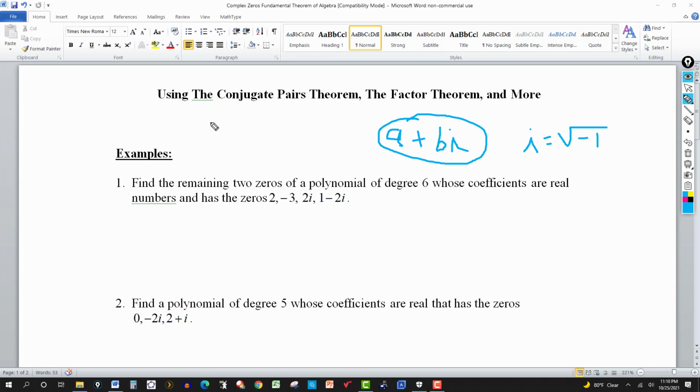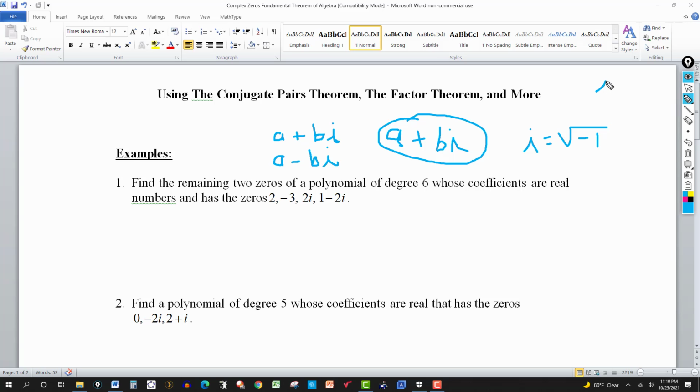So basically what this theorem, the conjugate pairs theorem, is telling us is, if I know that a plus bi is a zero of a particular polynomial with real coefficients, then the conjugate of that, which would be a minus bi, is also a zero.